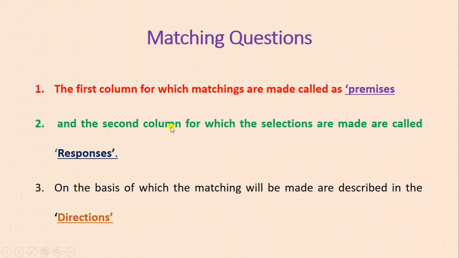And the second column, for which the selections are made, is called responses.